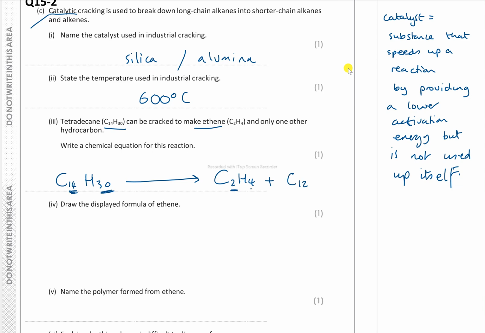We had 30. We've used 4. We're left with 26. My maths is right. Draw the displayed formula for ethene. So remember what I said. This comes up so much. It's good to be able to recognize it. Eth tells you that there's 2 carbons, and ene tells you that there's a double bond.